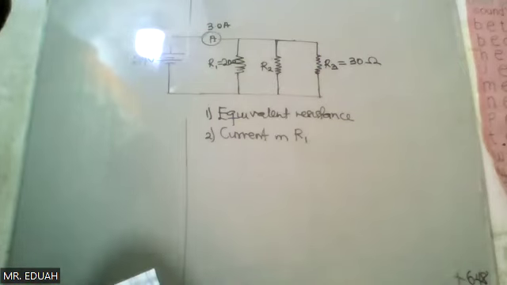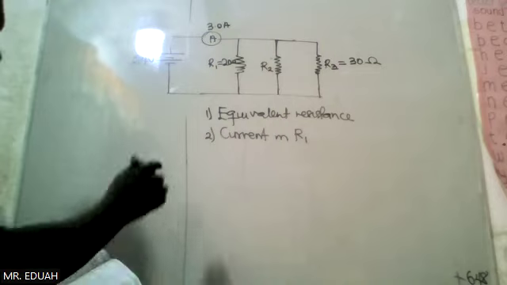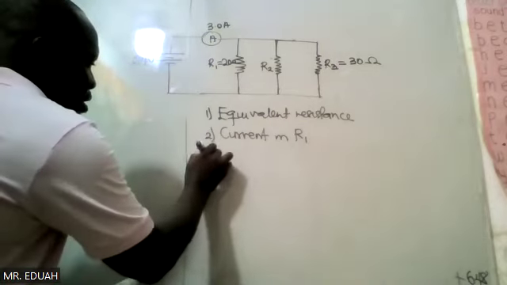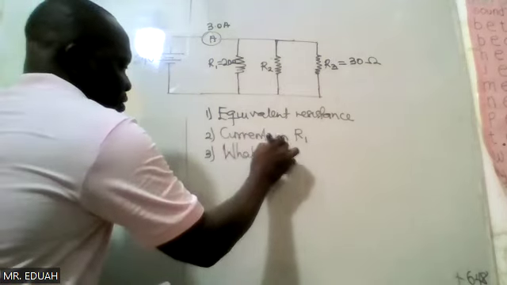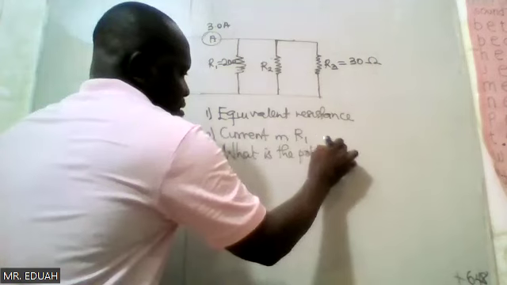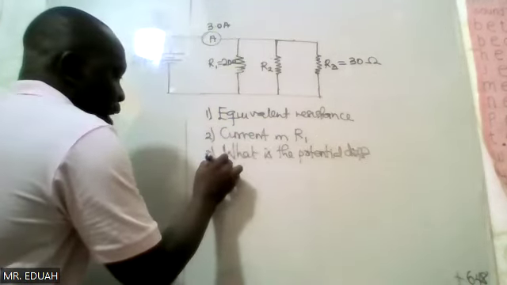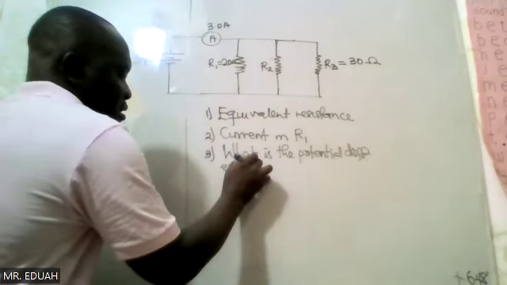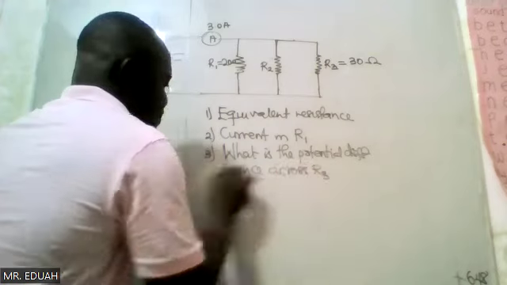Three, what is the potential difference or voltage drop across R3?